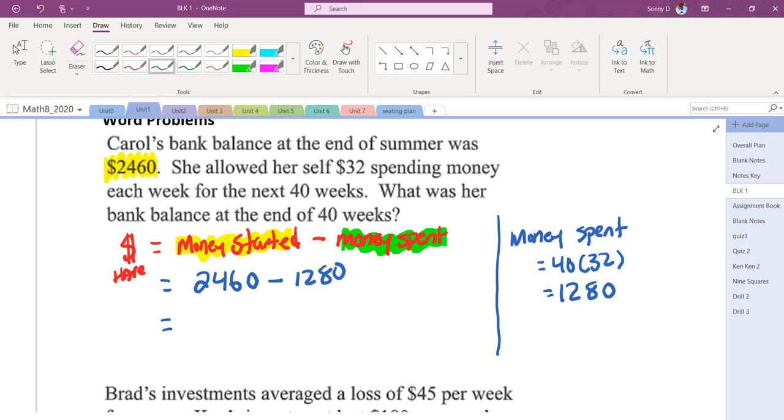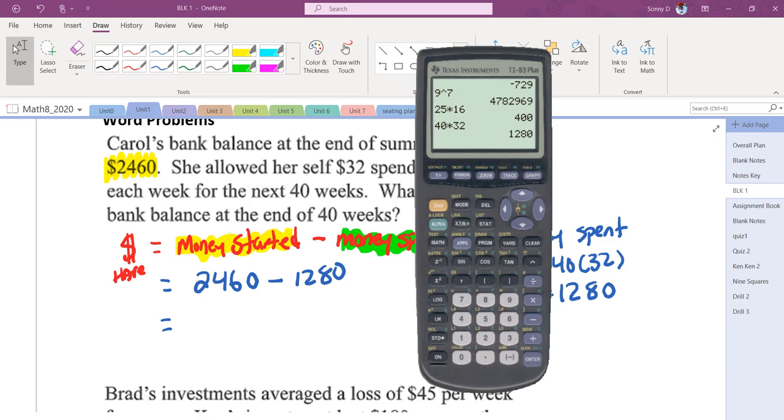1,220. Now, how did you come up with that? I minus 2,460 to 1,280. Yeah. So you subtract the two numbers. 2,460 minus 1,280. Slightly different number.